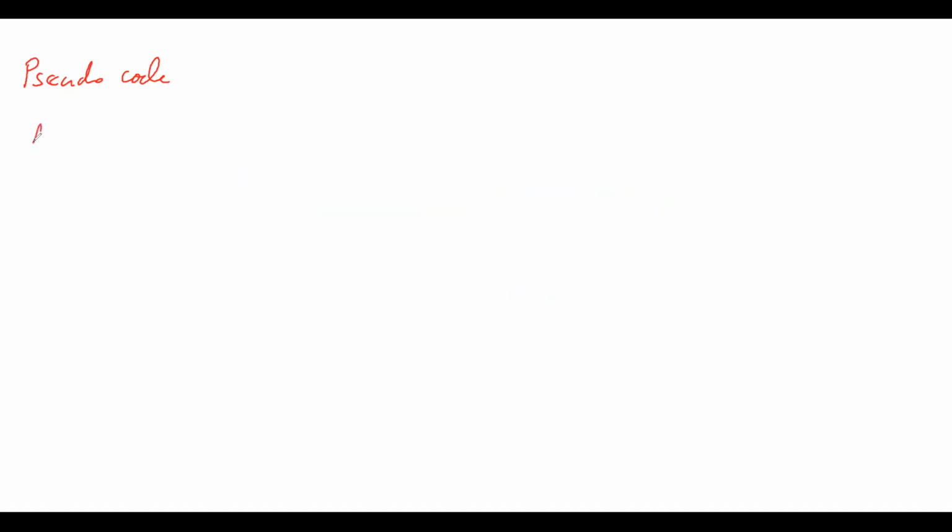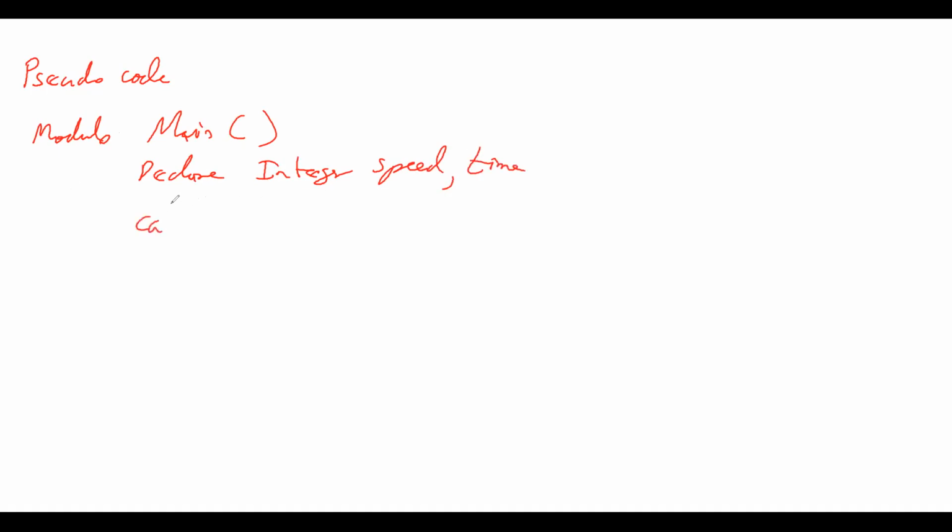All right, so we're going to do module main, and then we're going to declare integer speed, time. Then we're going to call some modules. I'm going to say call get time, time.